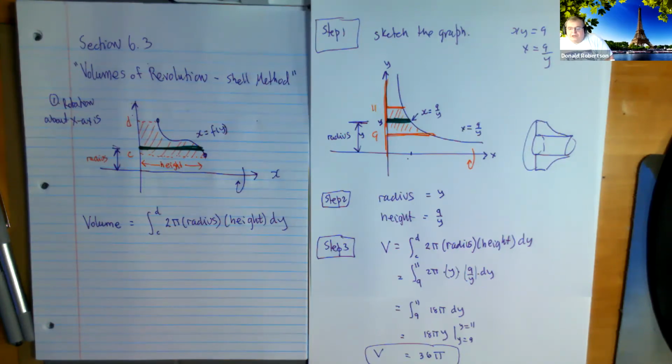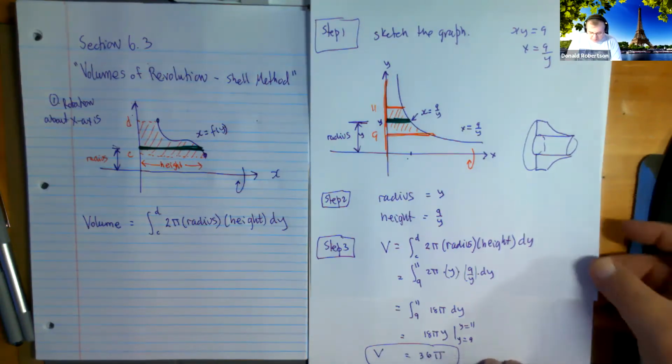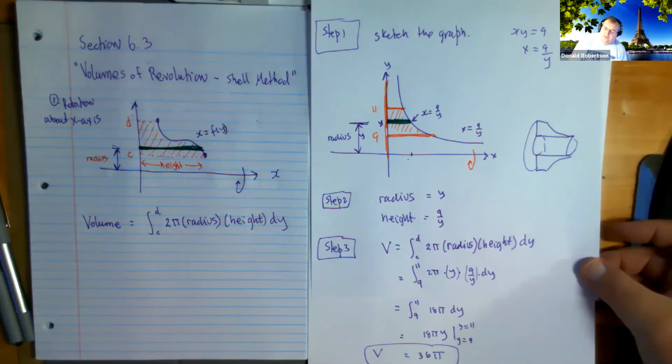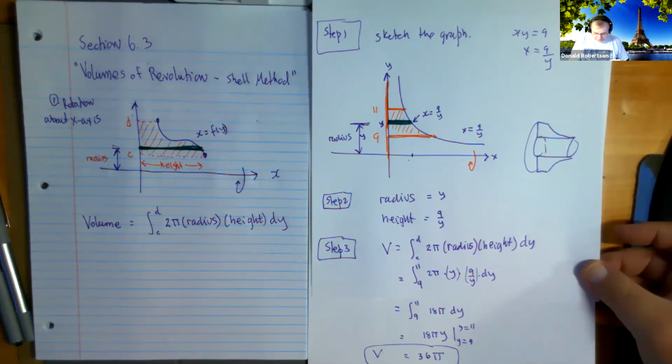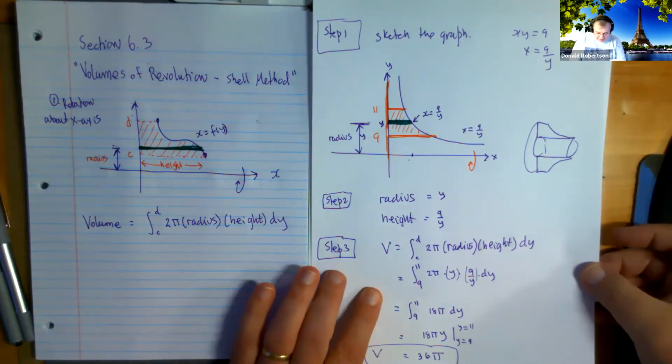It will end up being y plus a number, y take away a number, or a number take away y. It'll still have y in it, but there'll probably be a number added or subtracted with it. So that's what the difference will look like. We're going to see one, I think, shortly, that does exactly that, so you can see what it looks like. That was a good question. Any other questions?